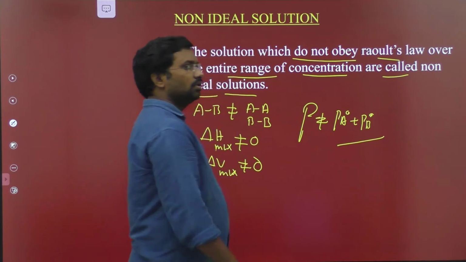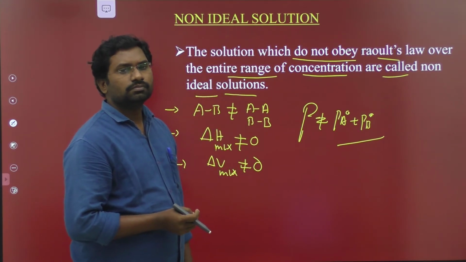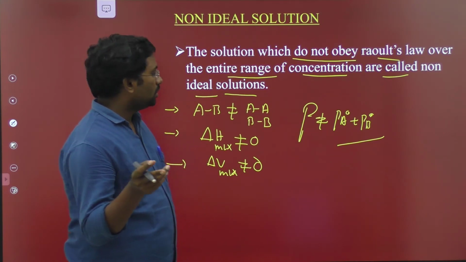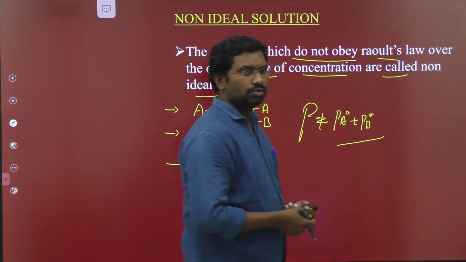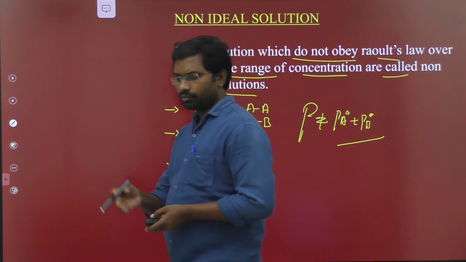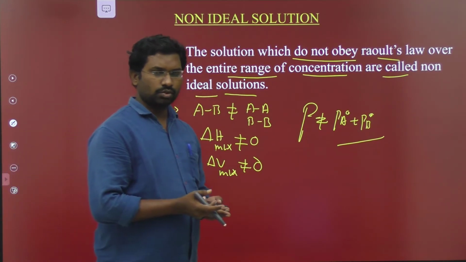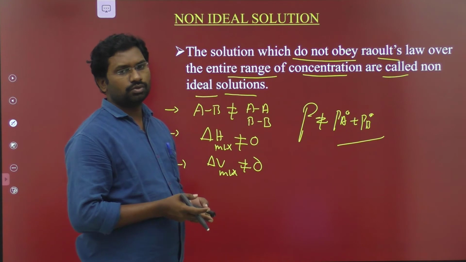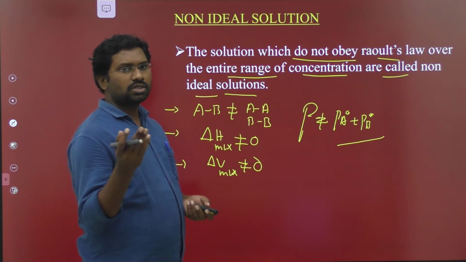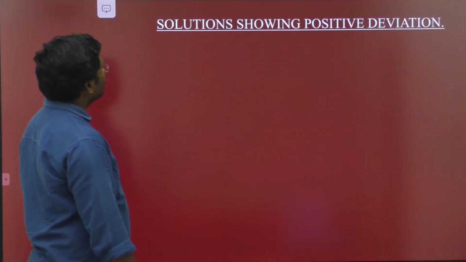That means the total pressure exerted by the given solution is not equal to the sum of the partial pressures of each component present in that solution. In a simple way, the properties which are not exhibited by an ideal solution are those of a non-ideal solution. So the properties of non-ideal solutions are the reverse of the ideal solution.